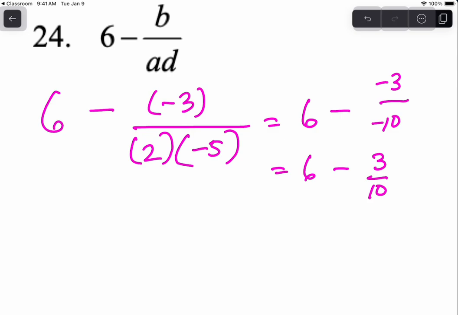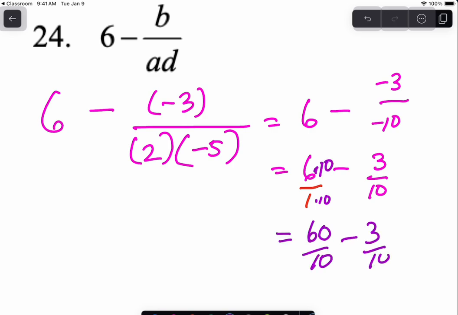And now we have to remember how to add and subtract a whole number and a fraction. To do that, you want to put the whole number over 1. And it's so easy because the only denominator that's affecting everything is a 10th. So just multiply top and bottom by 10. So we get 60 over 10 minus 3 over 10.